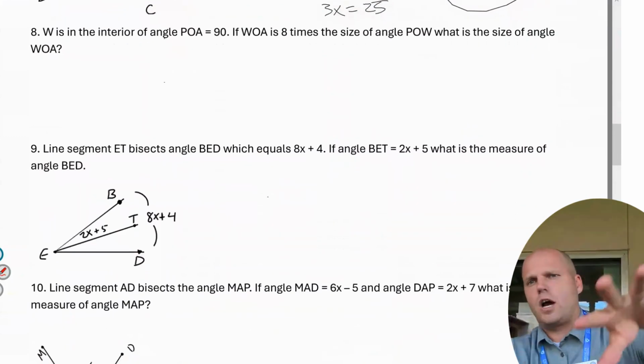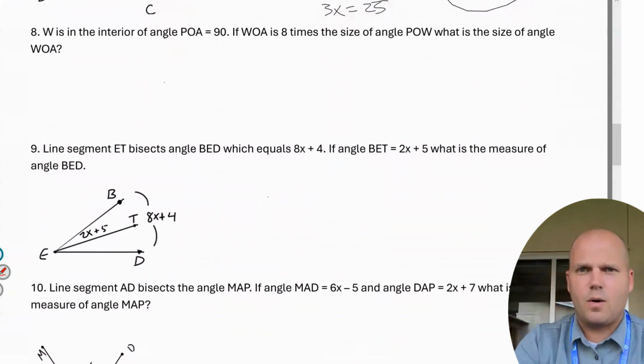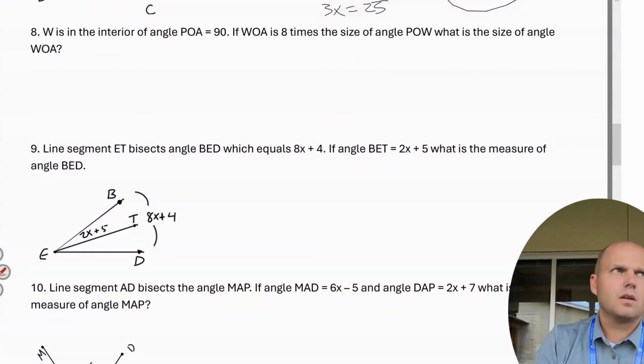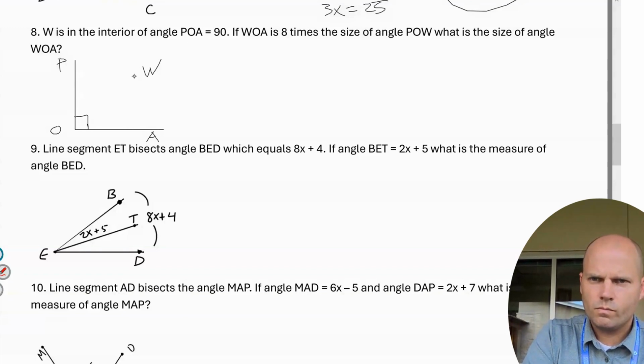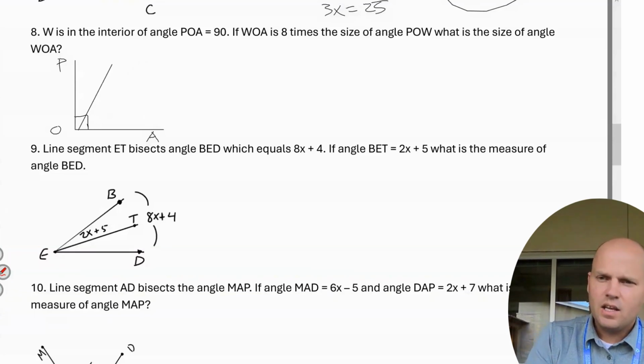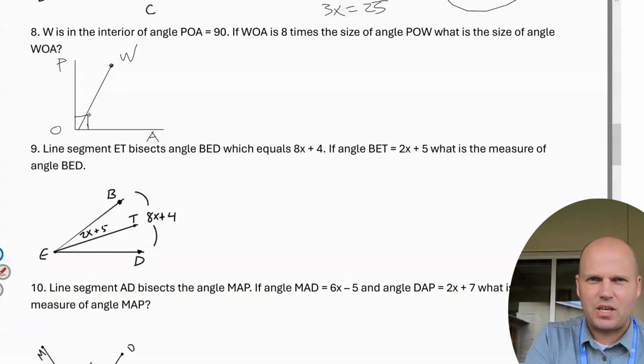Okay, now you draw the picture. W is the interior of POA. POA is a 90-degree angle. You don't have to worry about making it to scale, but if you want to read ahead, you can see that there is a larger angle WOA. It's 8 times the size of POW.